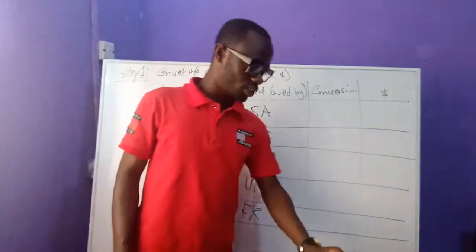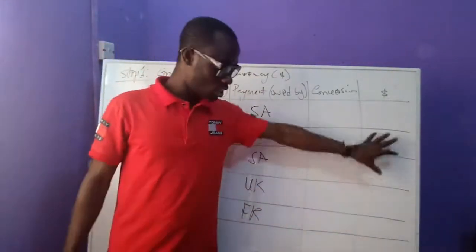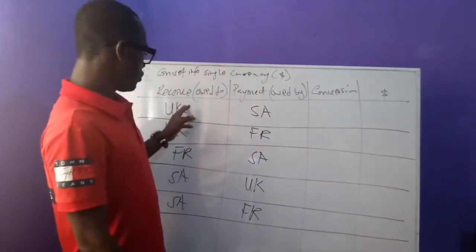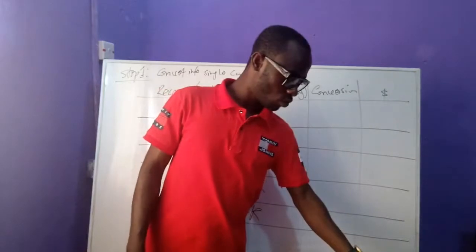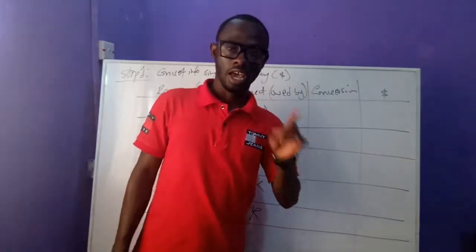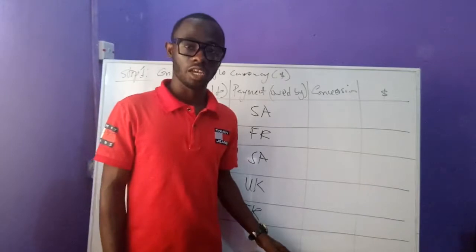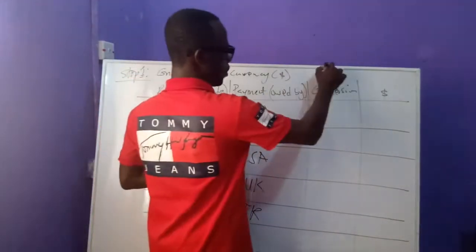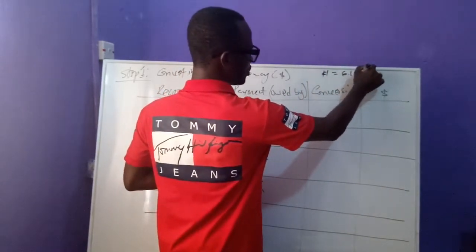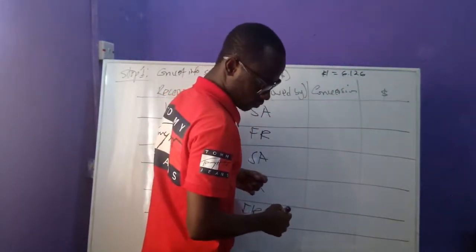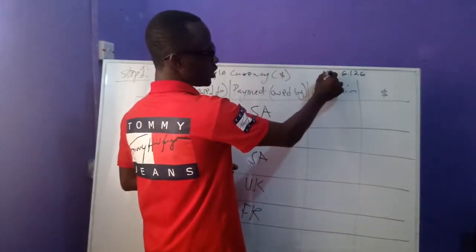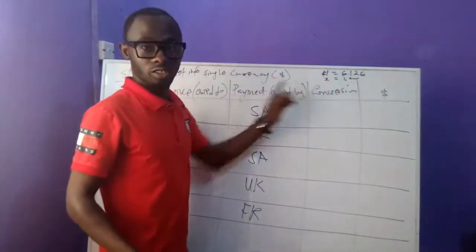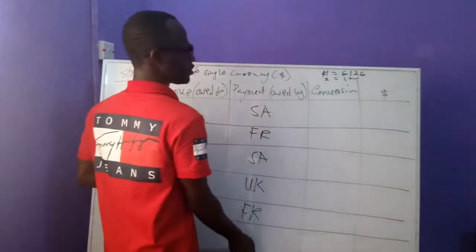Now let's look at the conversion. Now, if we look at the question and what I illustrated, the South Africa company will pay the UK company an amount of 1.2 million rand. Now, if you remember the exchange rate that I was given, the rand was 6.126. So $1 was 6.126. So how many dollars will 1.2 million rand be? So we're going to do what? Be dividing throughout.